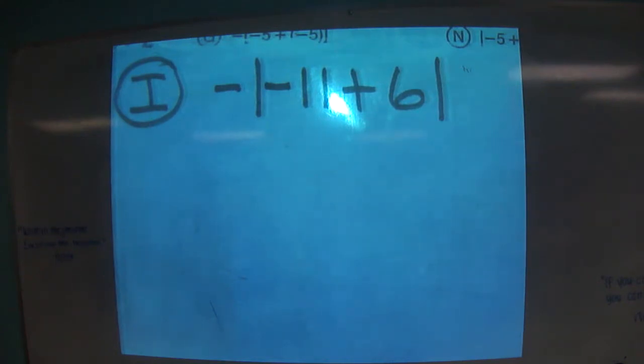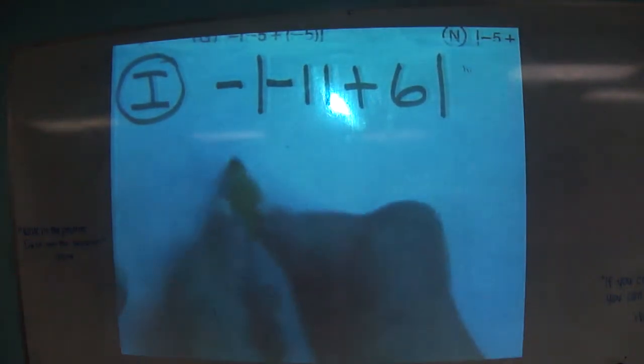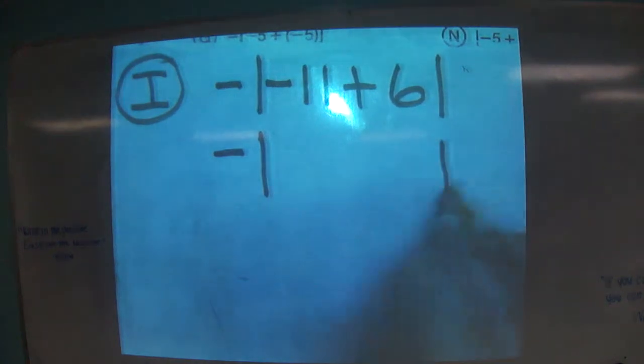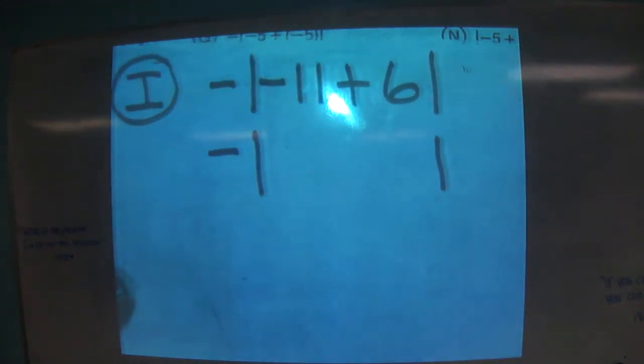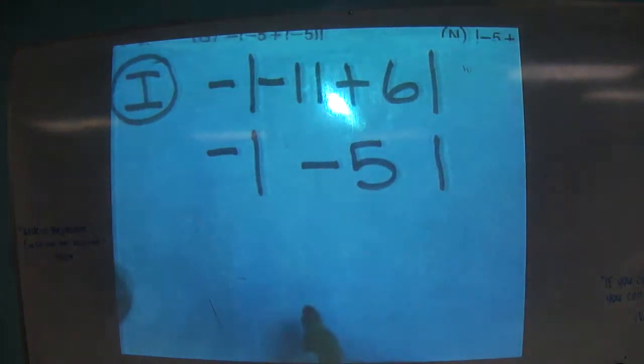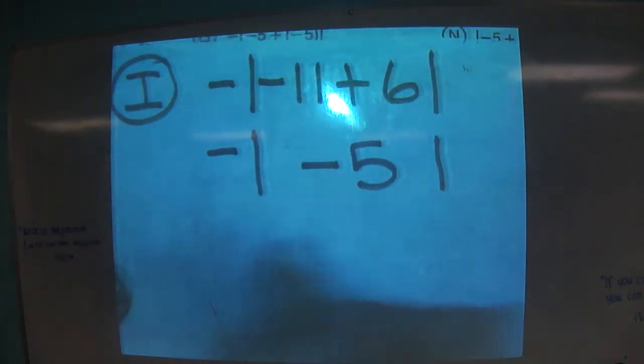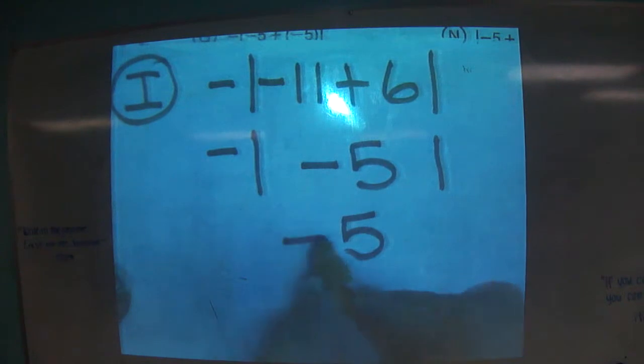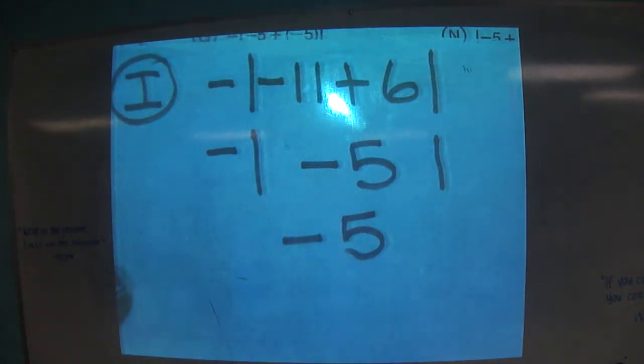Do you think absolute value might be a grouping symbol? Yes. So we have to do what's inside absolute value first. What's negative 11 plus 6? Negative 5. What's the absolute value of negative 5? 5, and the opposite of that is negative 5.